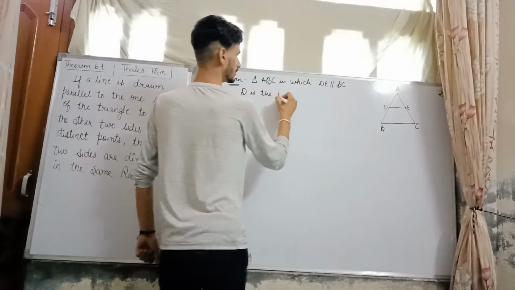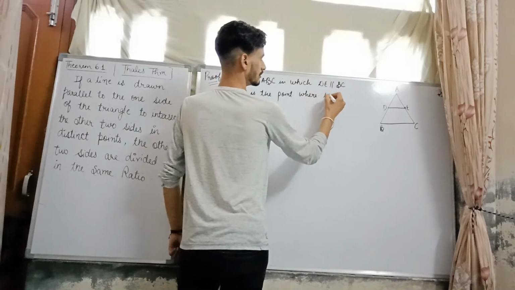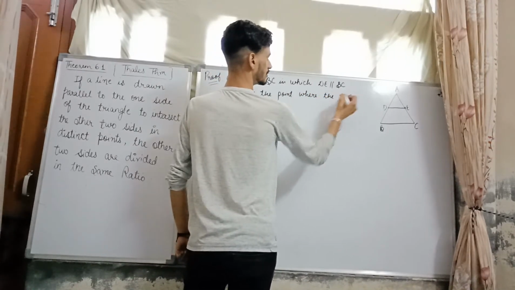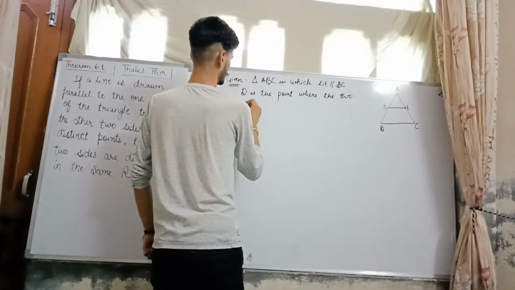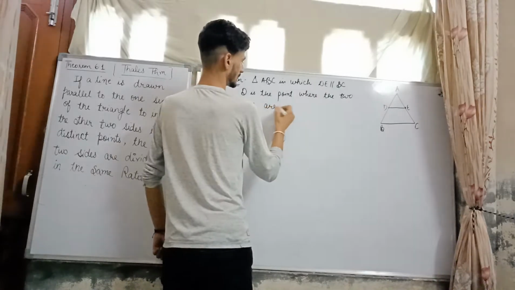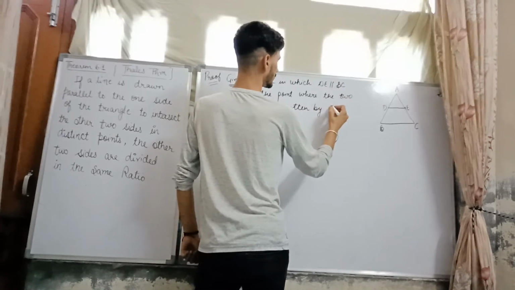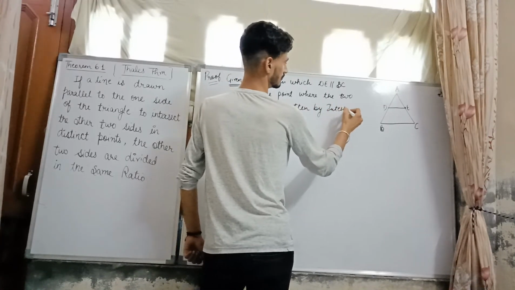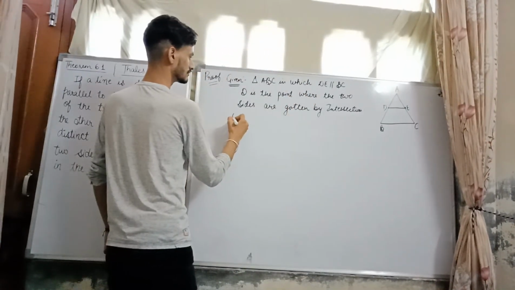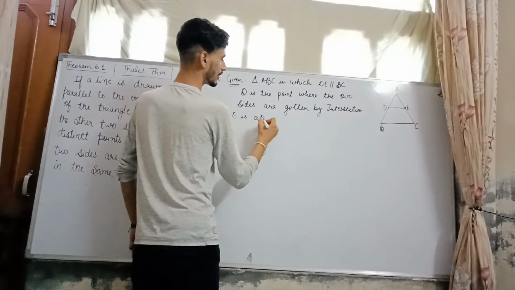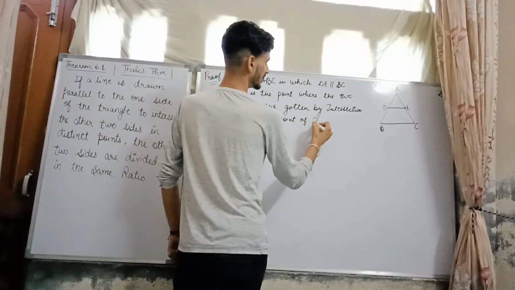D is the point of intersection, and similarly, E is also a point of intersection.